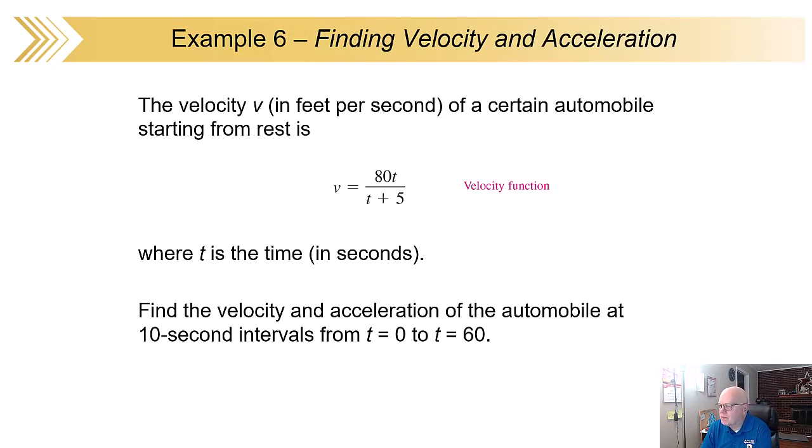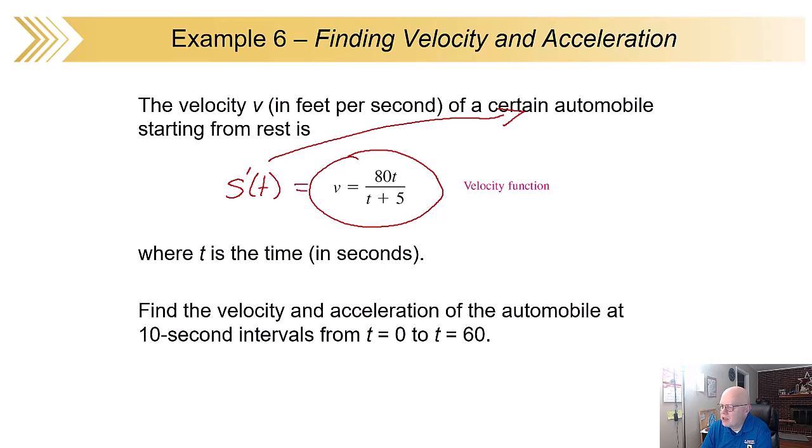Here's another one, a velocity function. Remember, that's s prime of t for this automobile. And when we took that, we got our velocity function, 80t over t plus 5. Find the velocity. Well, that should be pretty easy.